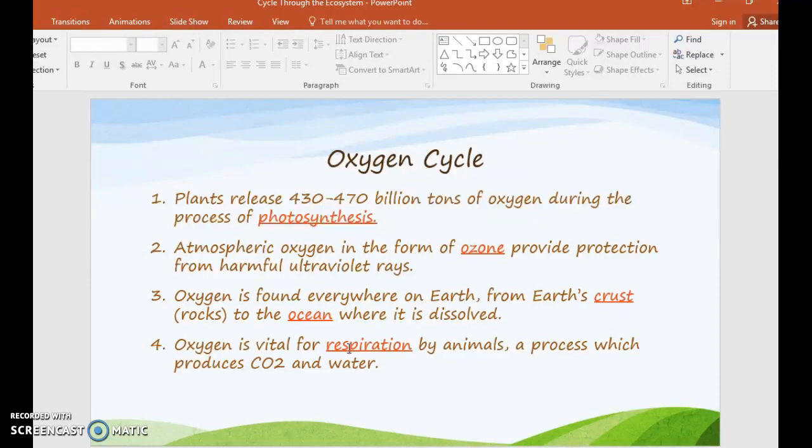Photosynthesis takes in carbon dioxide and releases oxygen. We animals take in oxygen through respiration, but we breathe out carbon dioxide. So they're very well linked. Even though for the lesson we're going to separate them, don't separate them in your mind, because you can't have one without the other.